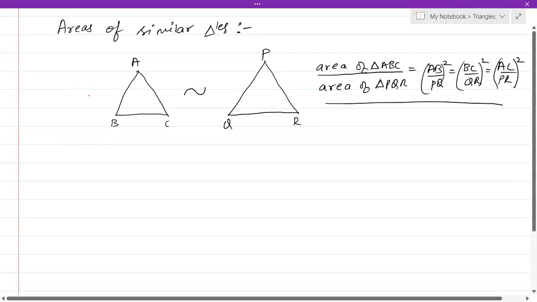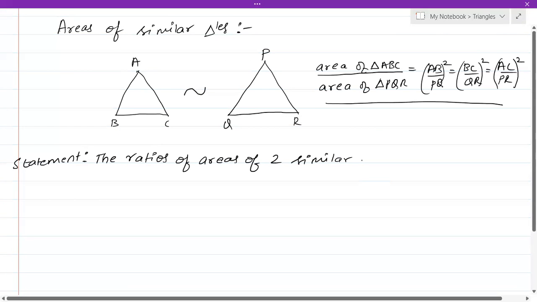So the statement is an important theorem itself. Let's prove that. What is the statement? The statement of the theorem: the ratio of areas of two similar triangles. Remember, it's not any triangle, it is similar triangles.